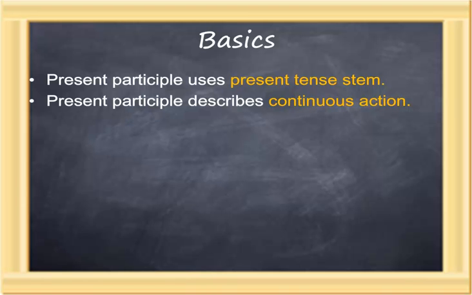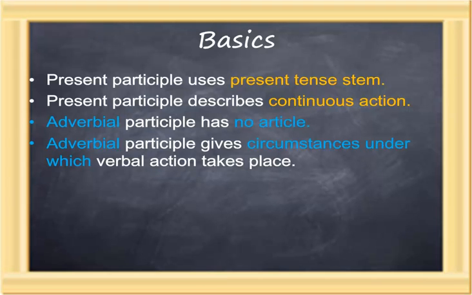So any translation has to accentuate the continuous nature of the action. Adverbial participles are anarthrous. That means they do not have an article immediately preceding them. Secondly, adverbial participles give us the circumstances under which the main action takes place. They function like an adverb.